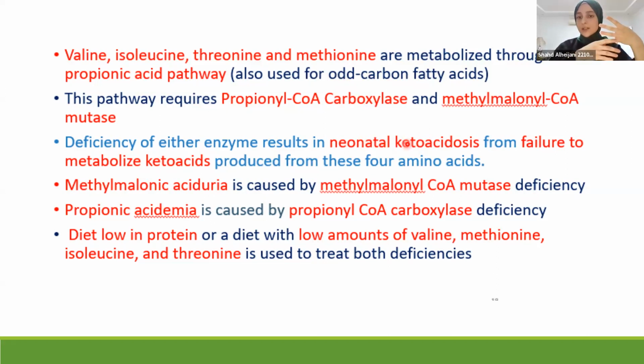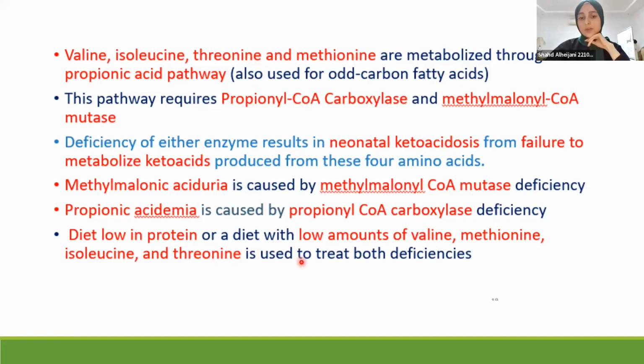We have these 4 amino acids converted into keto acids. These keto acids usually continue through the pathway using those 2 enzymes to give us other products like succinyl-CoA. But in the absence of those 2 enzymes, whatever is before will start accumulating, so the keto acids will accumulate, causing neonatal ketoacidosis.